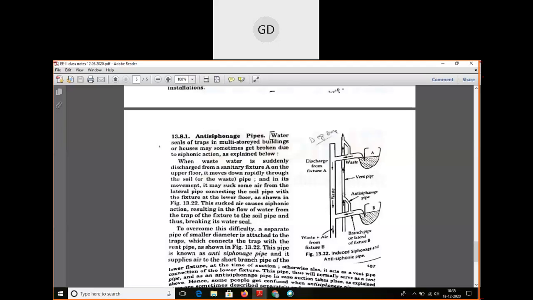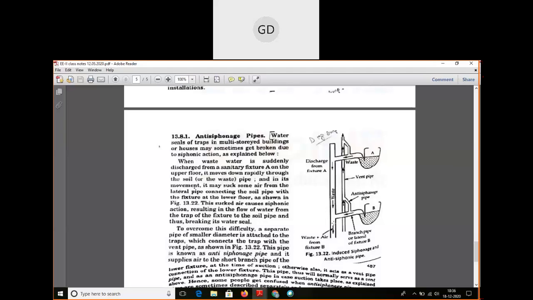So what is said here is that when the wastewater is suddenly discharged from this sanitary fixture A on the upper floor, it will rapidly move downward through the soil pipe, and during its movement it may suck some air from the lateral pipe connecting the soil pipe with the fixture at the lower floor.